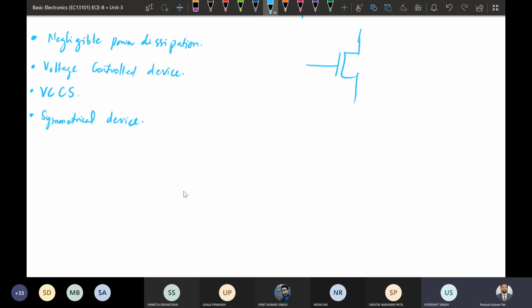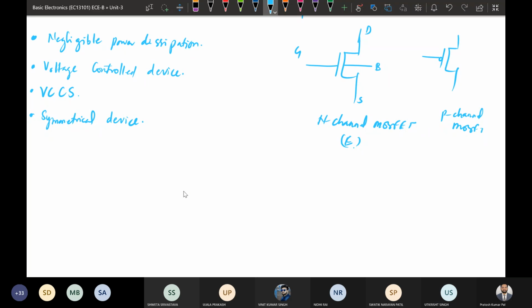This is the N channel MOSFET of enhancement type. This is gate, drain, source, and this is body. If it is P type, we use a bubble here. This is the P channel MOSFET of enhancement type. This is drain, gate, source, and body.